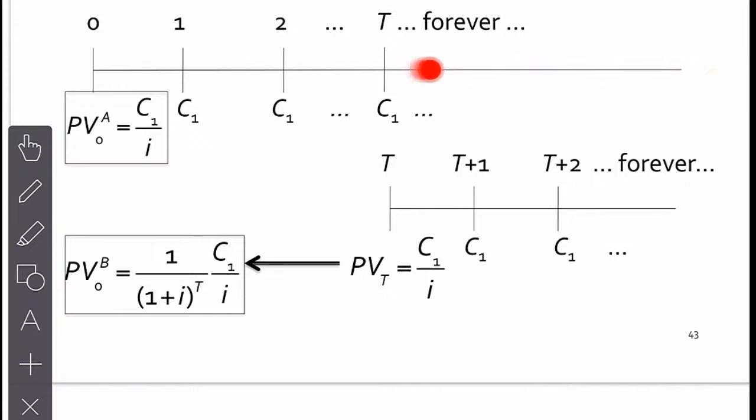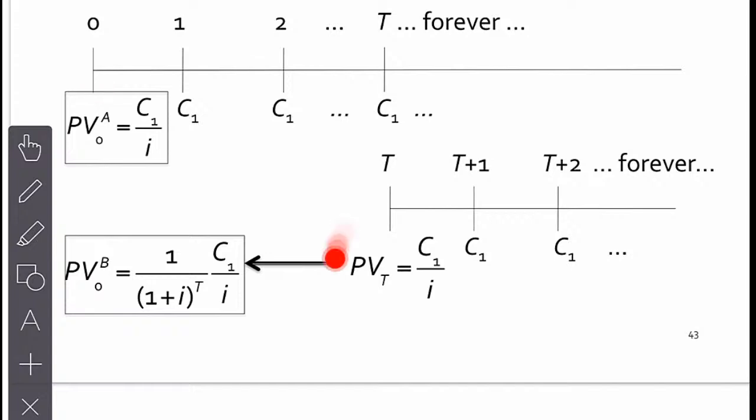We would have to take them away, subtract them from the perpetuity to get our annuity formula, and that's exactly what the annuity formula is. Okay, so this is just the same thing as these, just continuing forever. So this is also a perpetuity. However, the perpetuity begins at T, not at 0, like here.